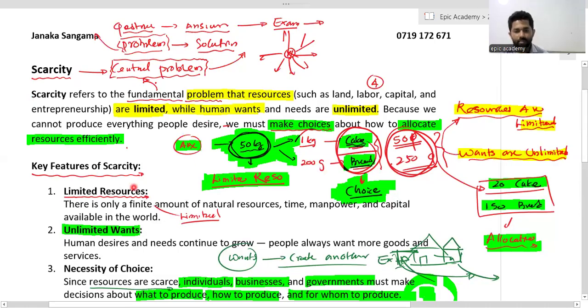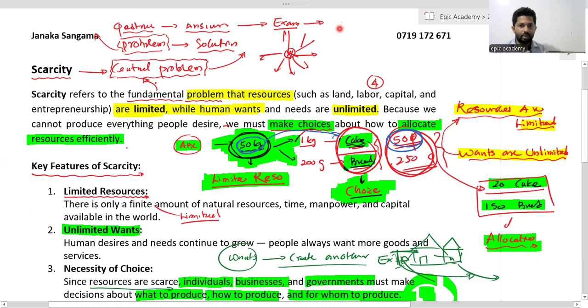Just consider that 1 kilo of flour produces 1 cake. If you use 50 kilograms to produce cakes, you can produce only 50 cakes. If you are going to produce bread, you need 200 grams per kilo.